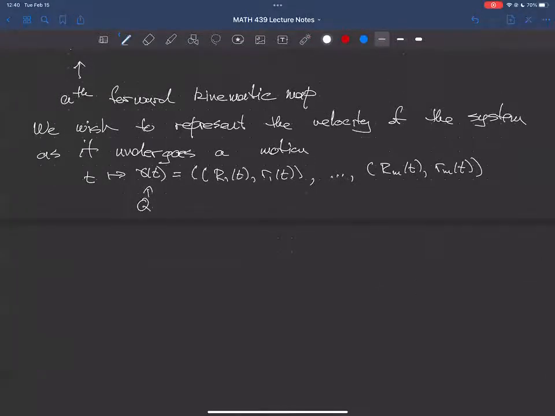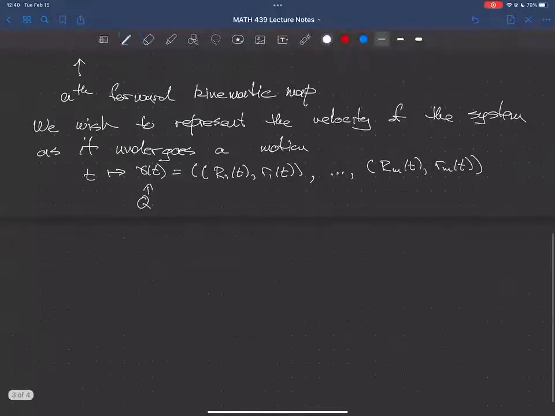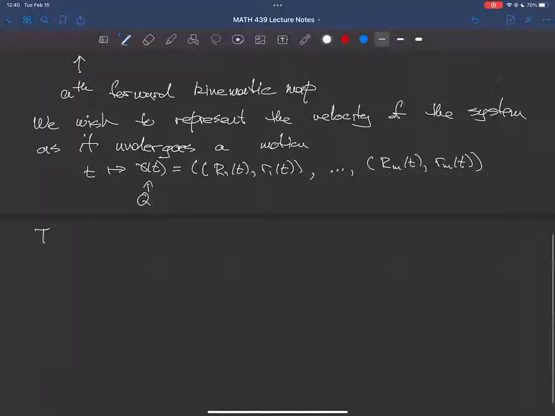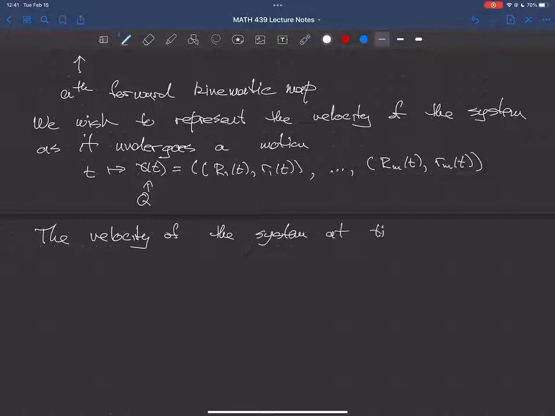So what we want to do is, the velocity of the system at time t. Okay, so there's multiple ways that you can think about this.